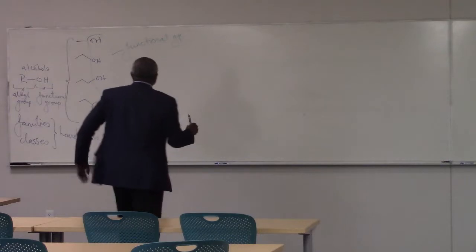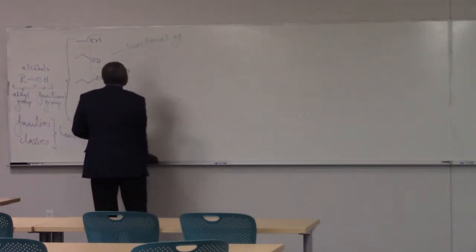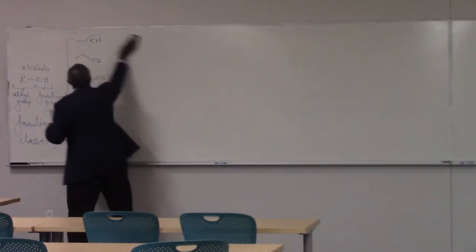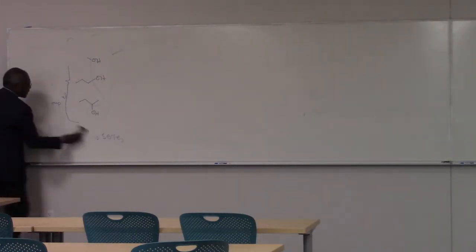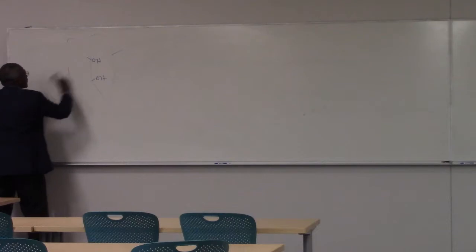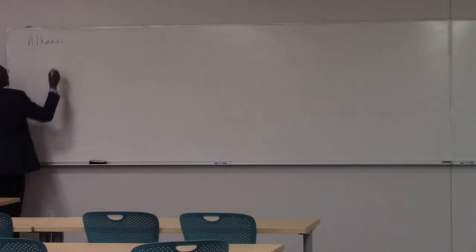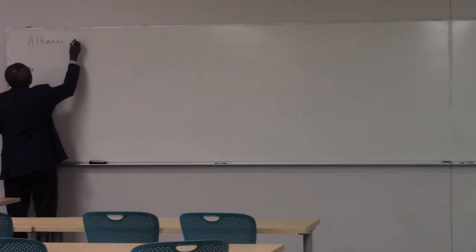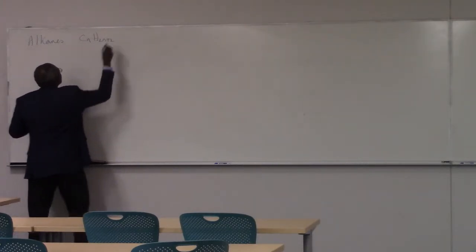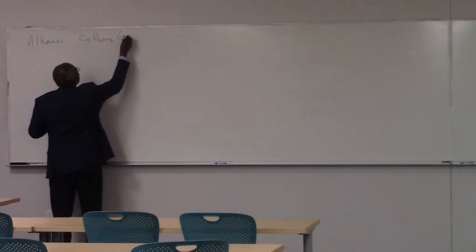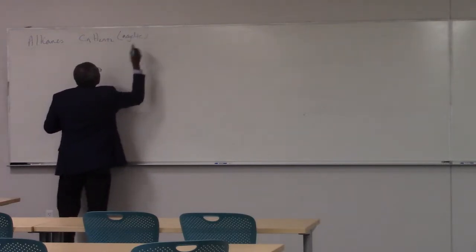Okay, so alkanes, the simplest class of organic compounds. Alright, so let's talk about alkanes. Alkanes have the general formula CnH2n+2. These are for acyclic alkanes.